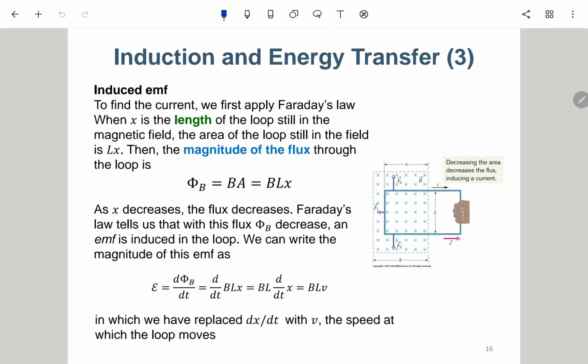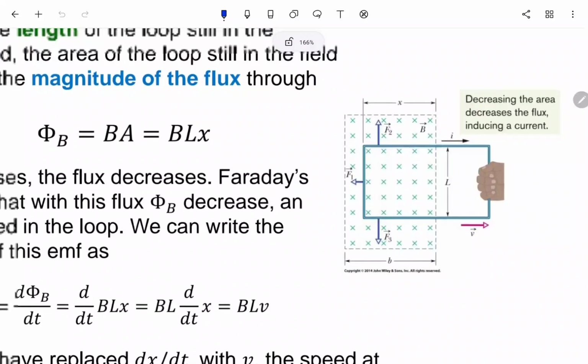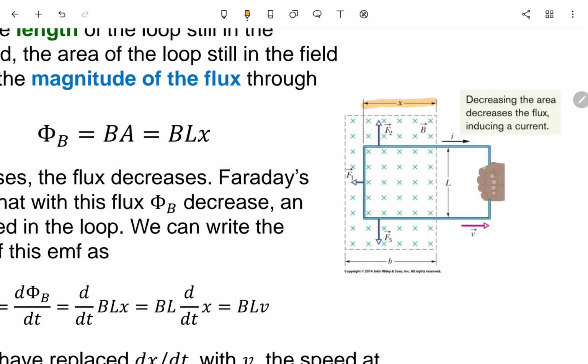Okay, so here we try to see what the induced EMF will be. It says to find the current, we first apply Faraday's law, where x is the length of the loop that is inside the field. Here this is x.